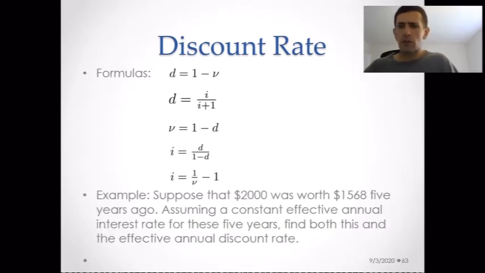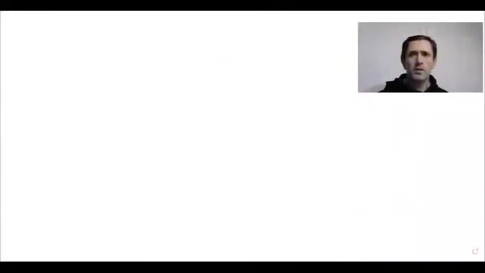All right, so first assume that $2,000 was worth $1,568 5 years ago. Assuming a constant effective annual interest rate for these 5 years, find both this and the effective annual discount rate. Okay, so I want to actually do this example two different ways.